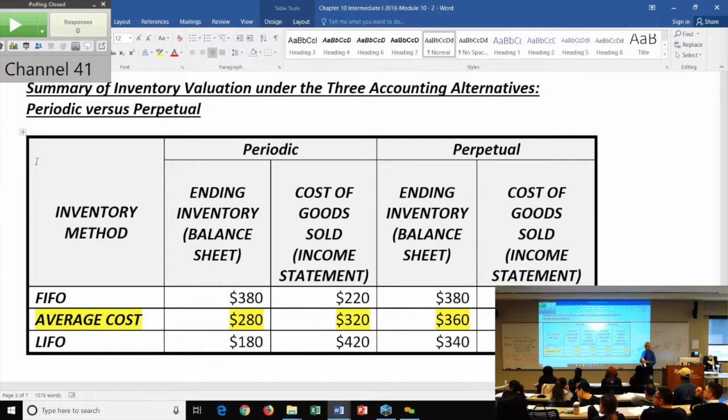Can that compare to something like a company like Apple? Apple would probably be using FIFO because their technology prices tend to decline over time. Maybe you don't see it in Apple products because they come out with all these new ones, but you look at flat screen TVs, $3,000 five years ago, you can get them for $100 now. So the technology will lower those prices eventually.